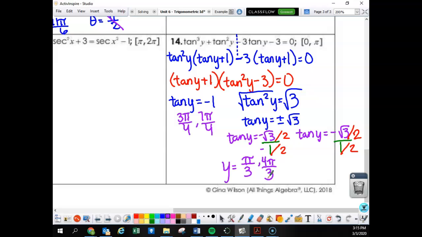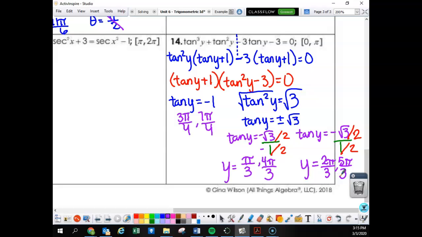Okay. And then for negative square root of 3 over 2 over positive 1/2. So basically we want them to be like this. Either the top could be negative or the bottom could be negative. So that's going to be at 2 pi over 3. And then also diagonally down 5 pi over 3.